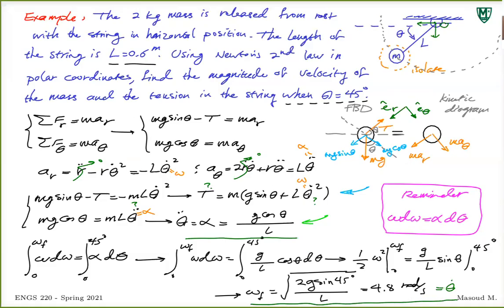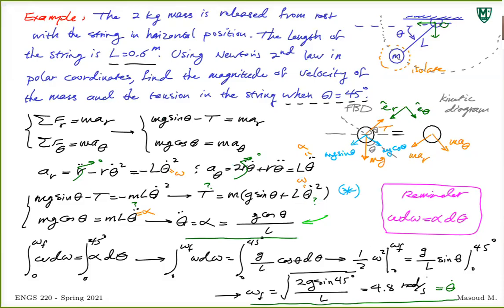Now you can go back to this equation, which I'll call equation star. Now you know omega or theta dot, you know L, you know g, sine theta, everything in that equation.